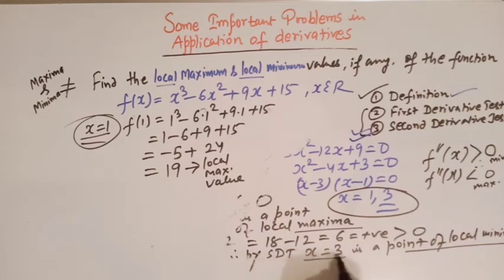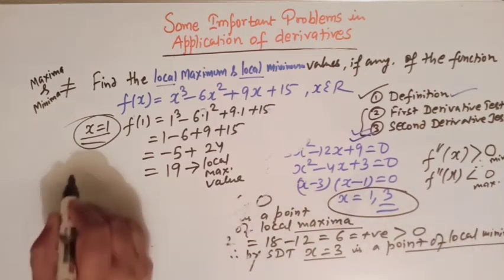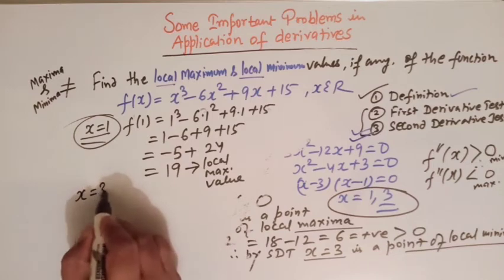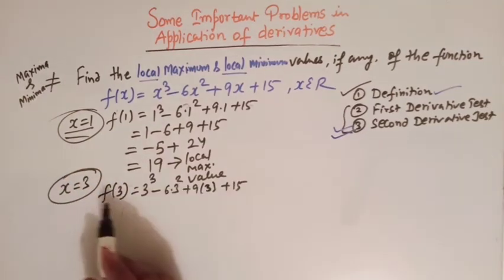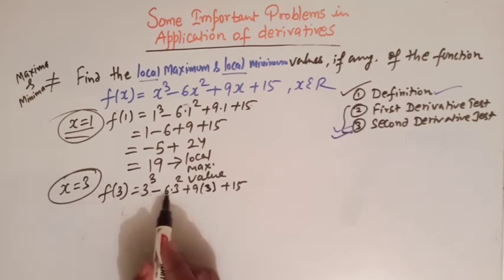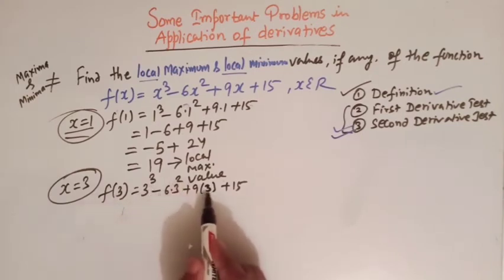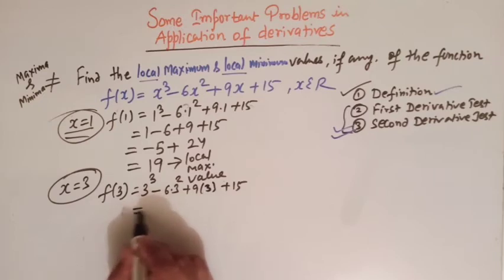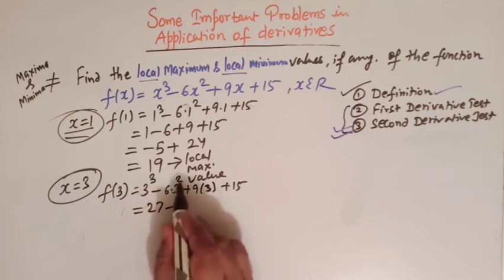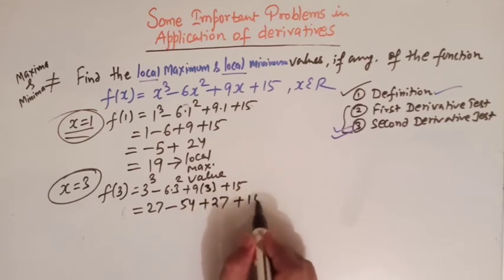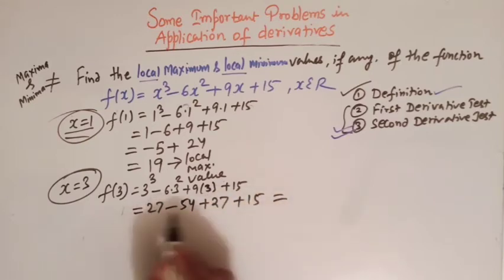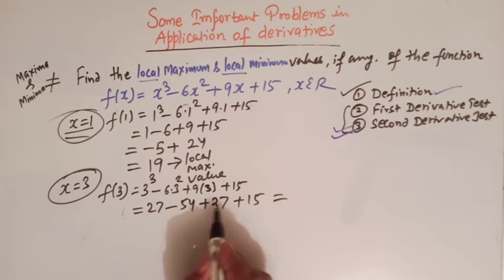And now we have x equal to 3 is a point of local minima, so we'll take x equal to 3 now, and we'll find f of 3. Now f of 3 is 3 cube minus 6 times 3 square plus 9 times 3 plus 15. Now this is 27, and this is 54, this is 27, and this is 15. So 27 plus 27 is 54.